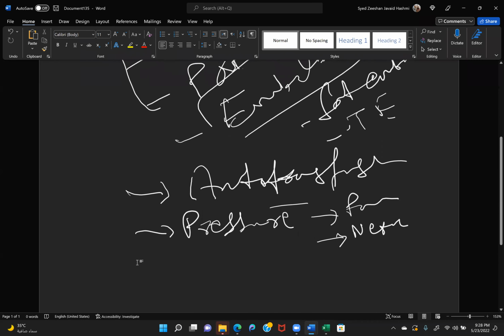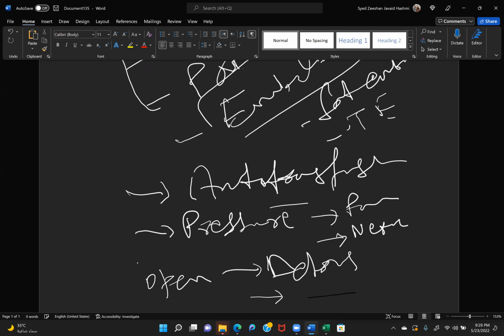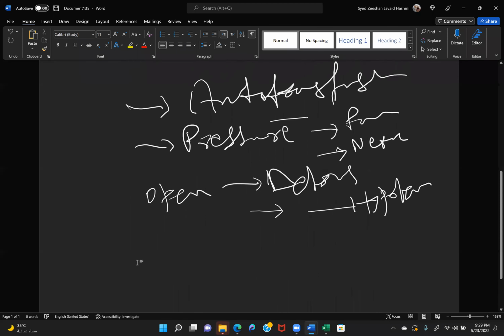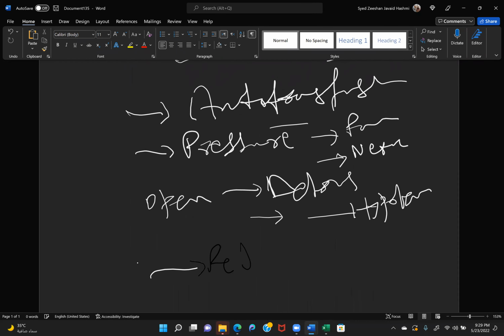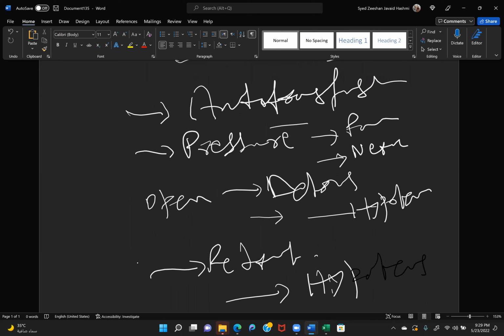Similarly, when they open it, the debris and the ischemic inflammatory mediators can go, and it can cause hypotension. Similarly, there is redistribution of fluid, so the patient can go into hypotension. Okay, got it?